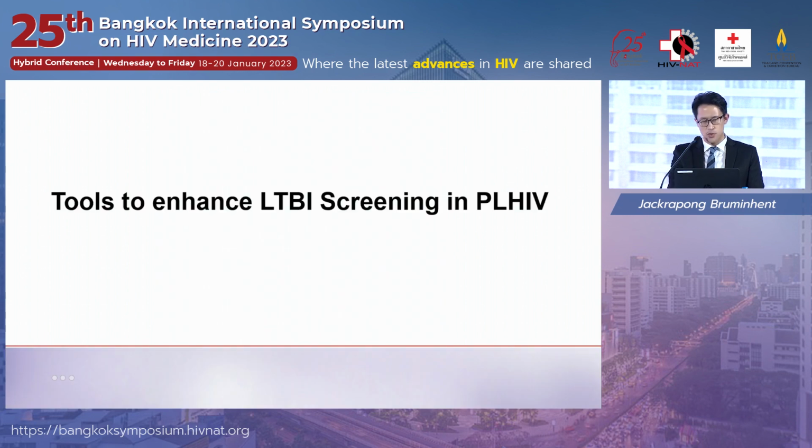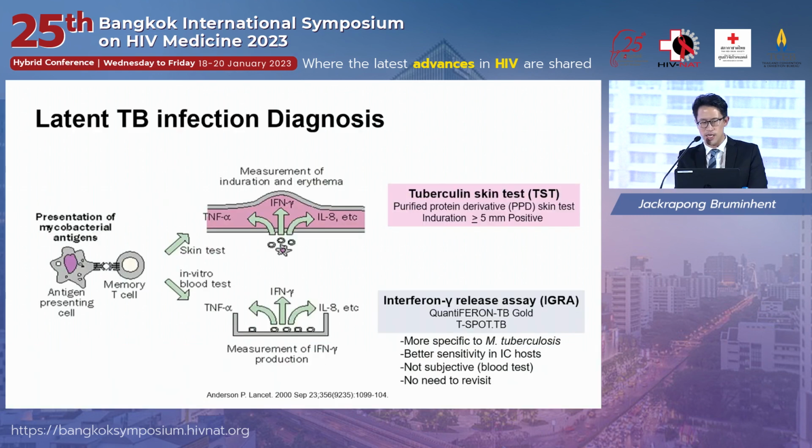So what are the best tools to enhance LTBI screening in people living with HIV? The tuberculin skin test has been used for a long time, but lately, for the last few years, the interferon gamma release assay, of which there are two commercial assays in use. Both are claimed to be more specific for tuberculosis, especially in patients who have been vaccinated with BCG, like in Thailand and several countries.